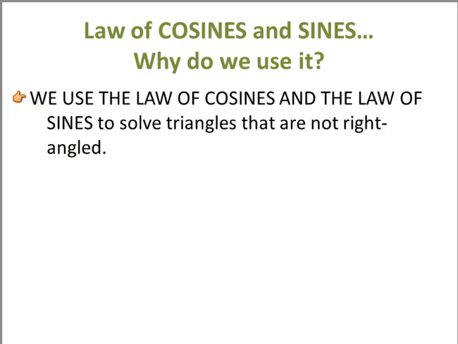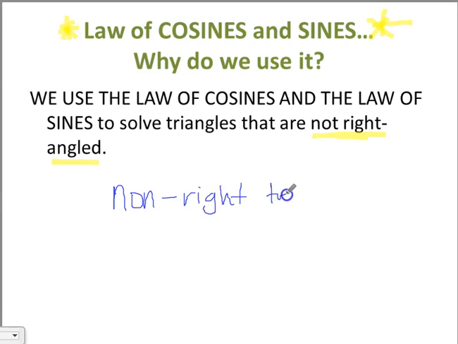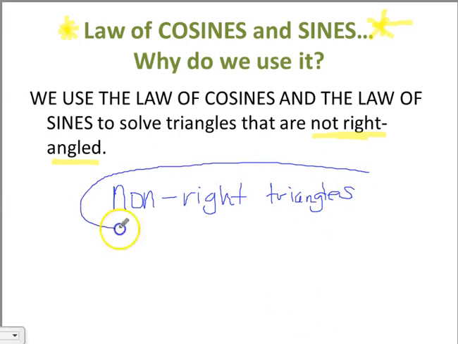Well, now we're given a method to use if we don't have a right triangle, a non-right triangle. So we use the law of cosines or the law of sines when we're looking to solve for unknown lengths or unknown angles in non-right triangles.